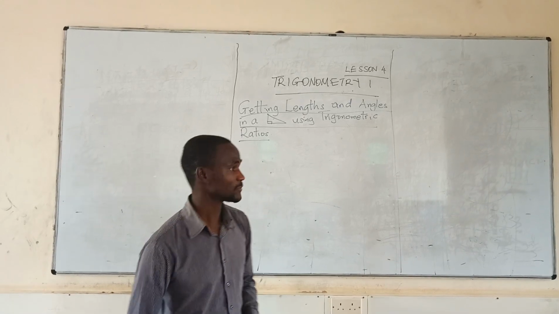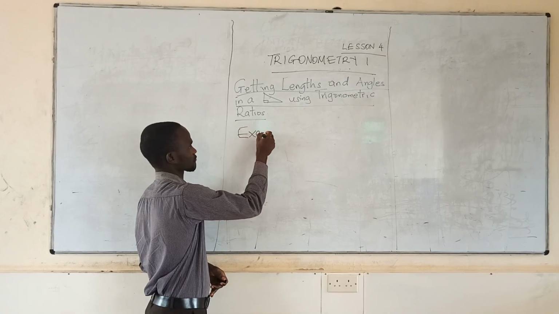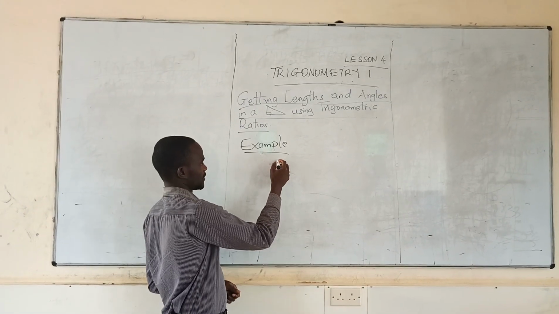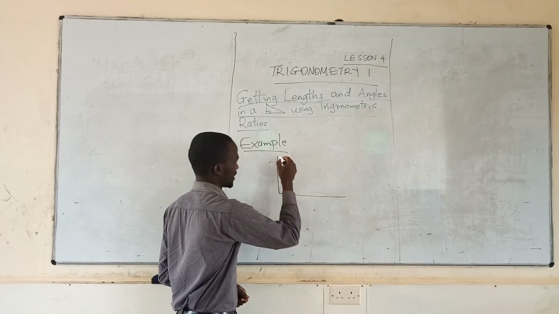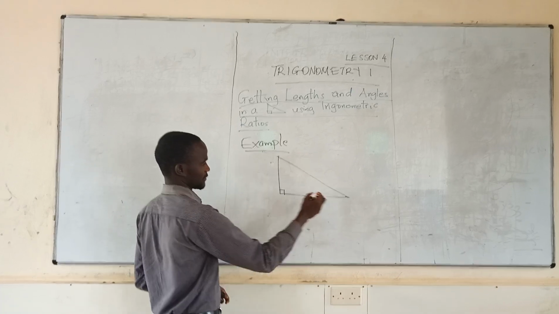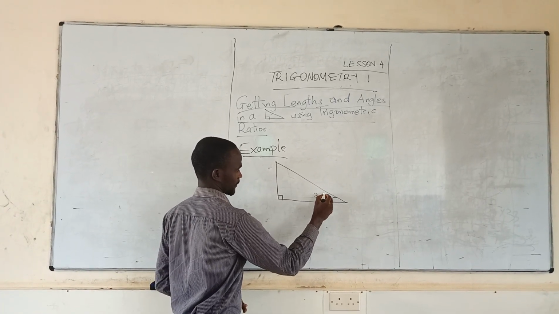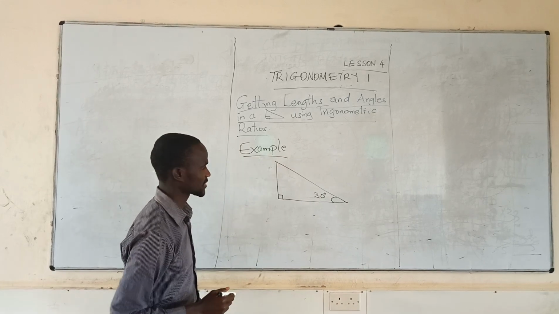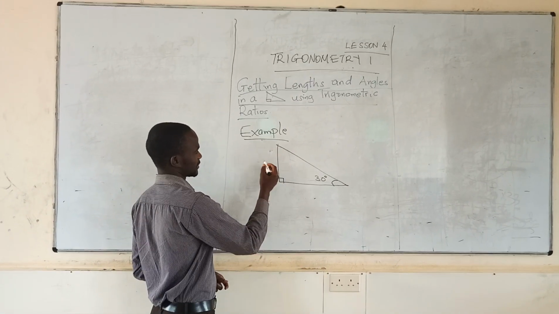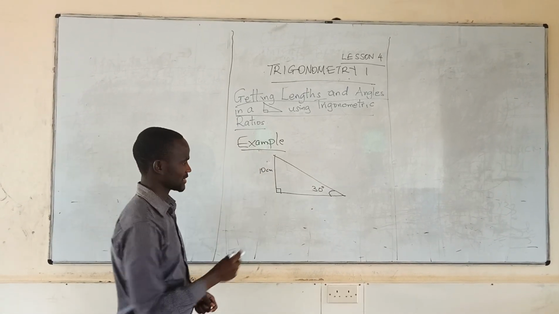triangle. So let's say, for example, you have a right angle triangle, then this angle is 30 degrees, and maybe you have been given this side as 10 centimeters.